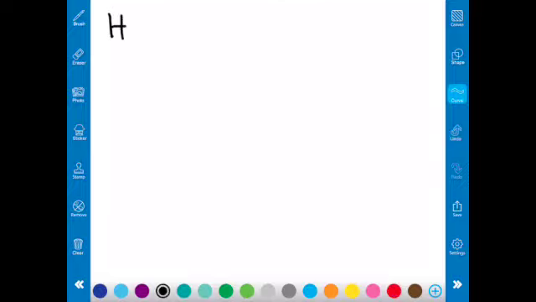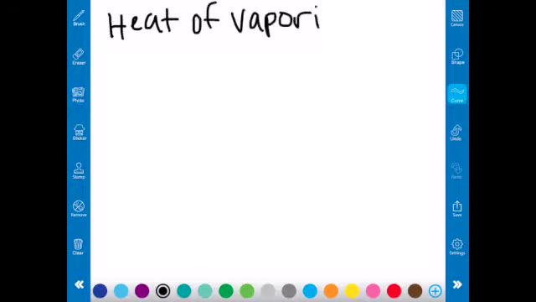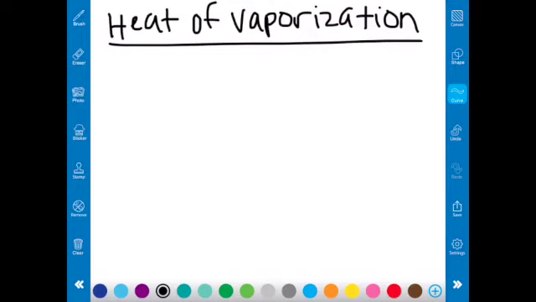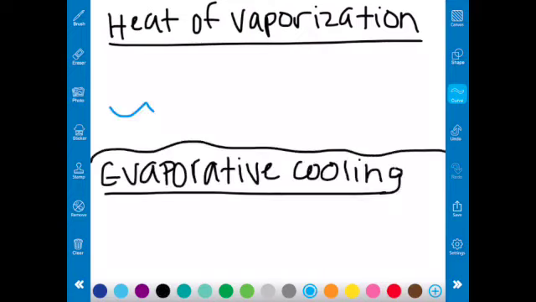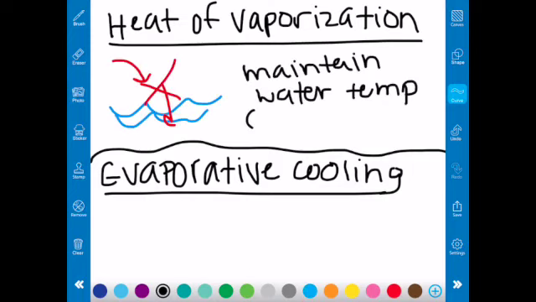Now, one more thing about water is its properties of temperature regulation. So this is done by heat of vaporization, right? What this means up here is basically that water doesn't absorb heat very fast, right?